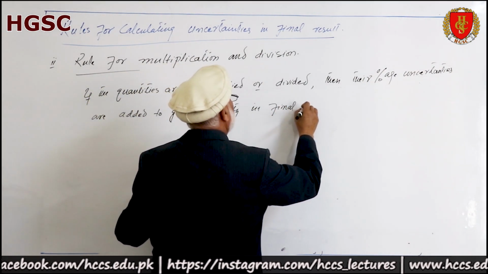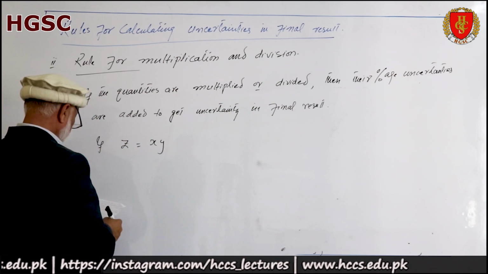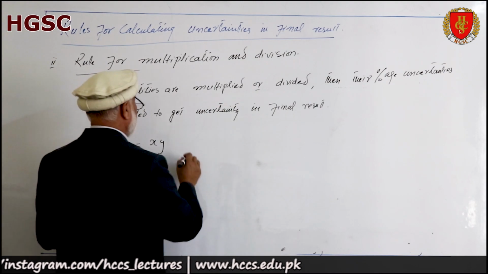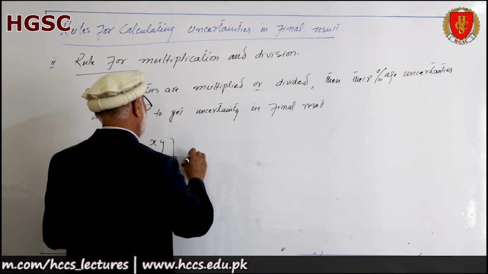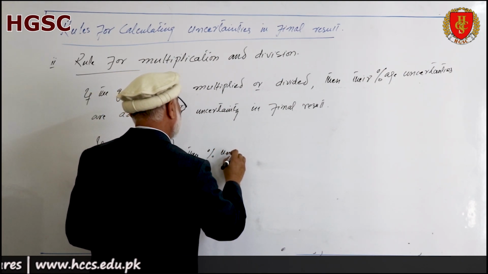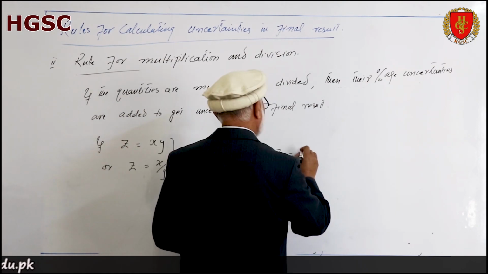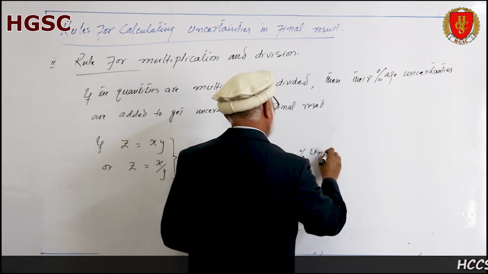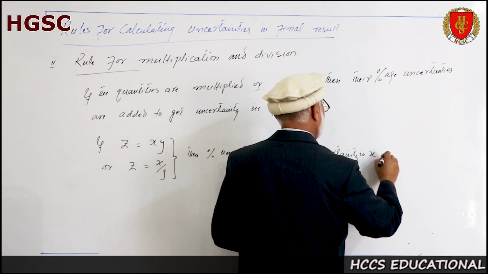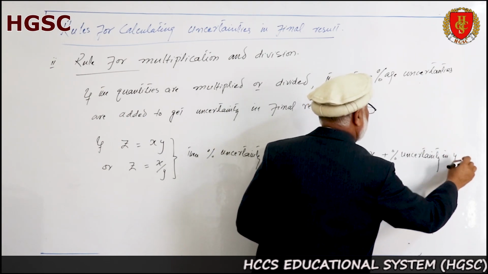If z is equal to x into y, or let us suppose z is equal to x over y, then percentage uncertainty in z is equal to percentage uncertainty in x plus percentage uncertainty in y.